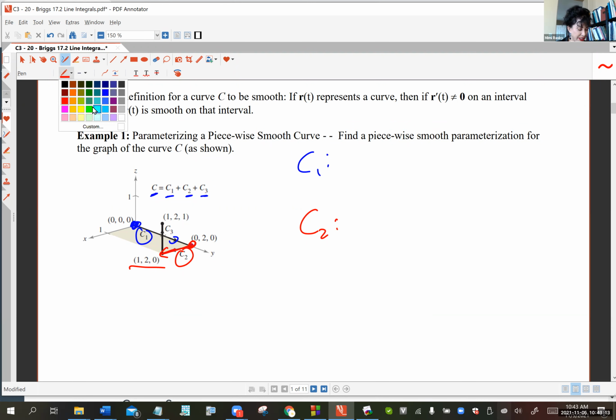And then finally, we're going to strap on a jetpack here and shoot off of the earth straight up vertically, starting at the point 1, 2, 0 and ending at 1, 2, 1. And that's going to be denoted C3. Okay, so let's parameterize each in turn.